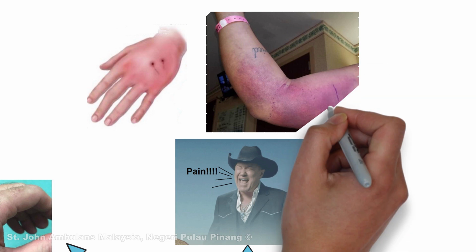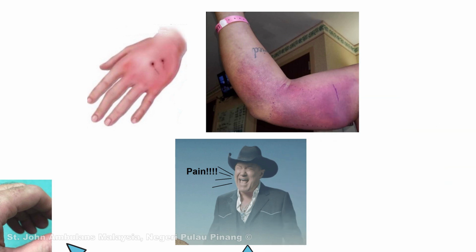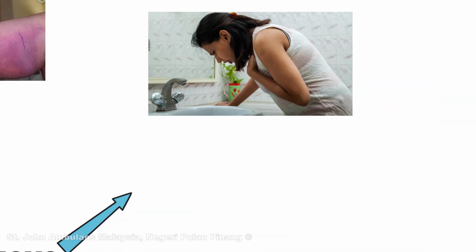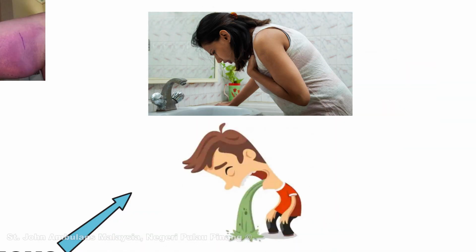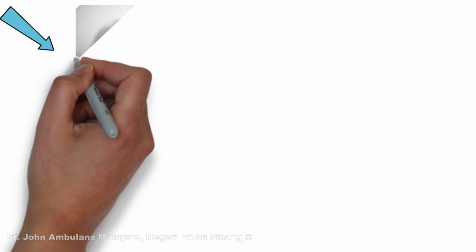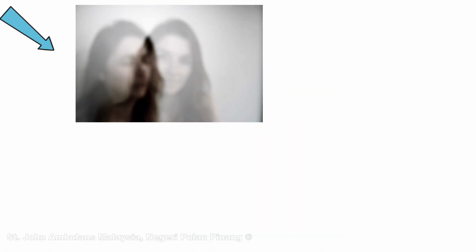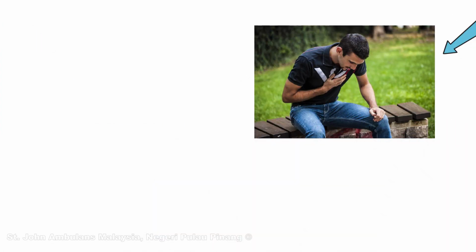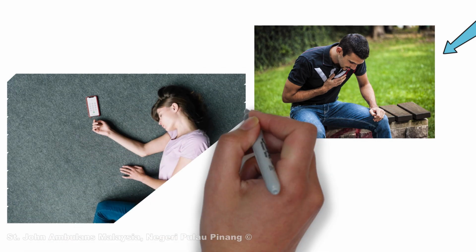The whole limb may become swollen and bruised within 24 hours. Nausea and vomiting may also occur after the snake bite. Blurred vision, increased salivation and sweating, breathing difficulties, and sometimes cardiac arrest may occur.